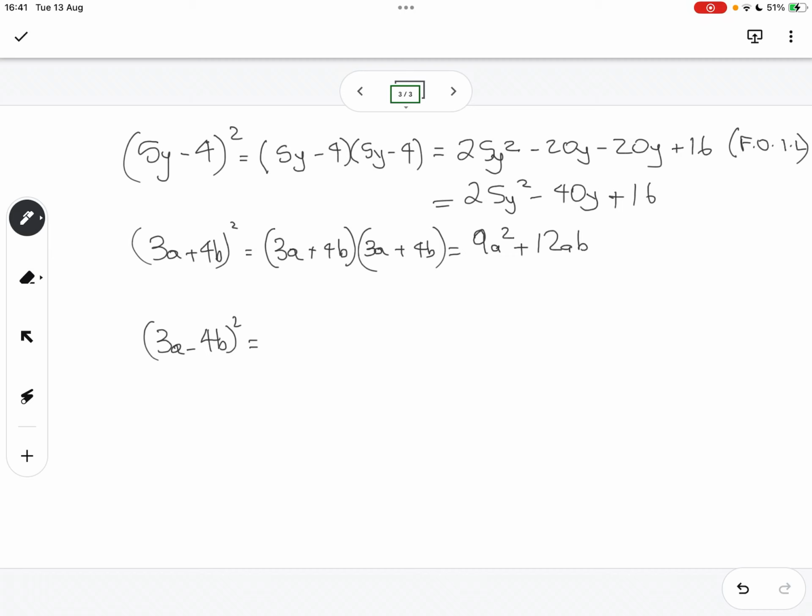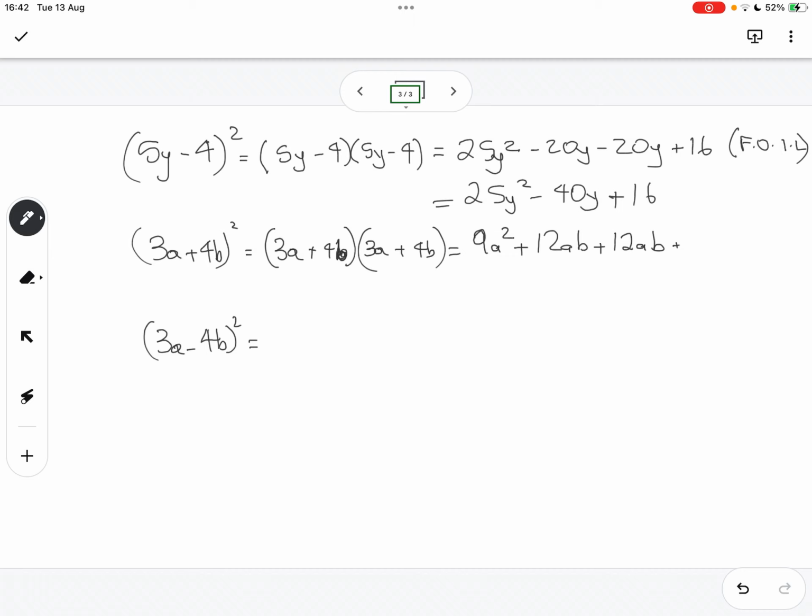Then we do the ones on the inside, the inner ones. It's also again 3a times 4b, but it's the same as 4b times 3a. So what is the answer there? 12ab, excellent. And then we do the last ones. What's the answer? 4b times 4b.